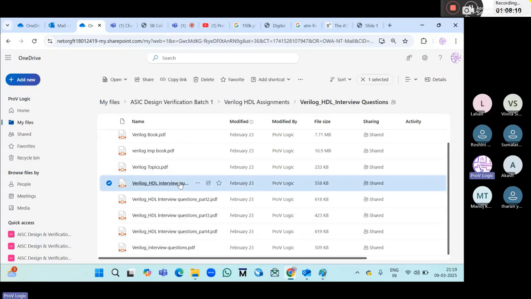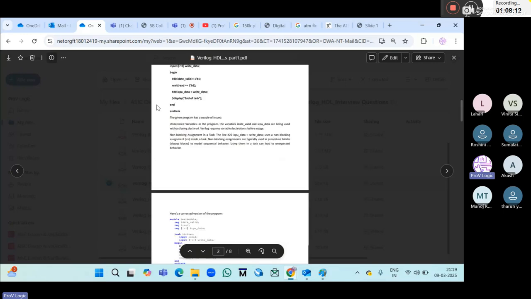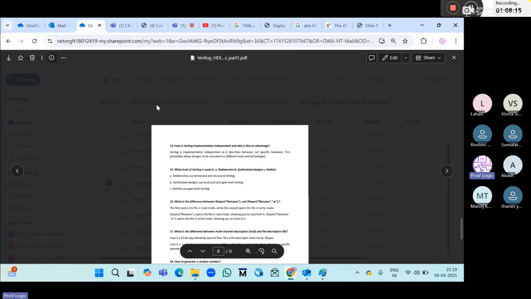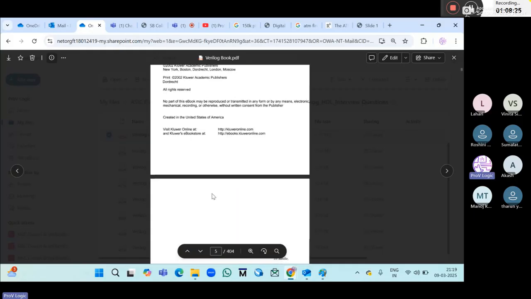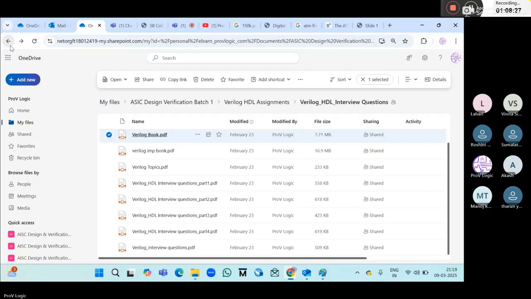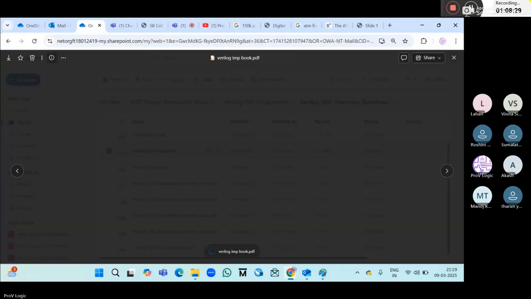And these assignments are different. Whatever I shared before and these are both different. So whenever you get time, try to practice this. Okay, very important. Verilog book also for reference, and only interview questions in this.